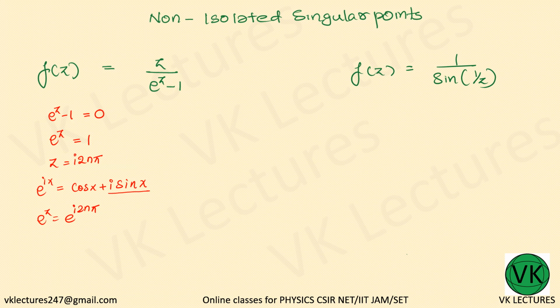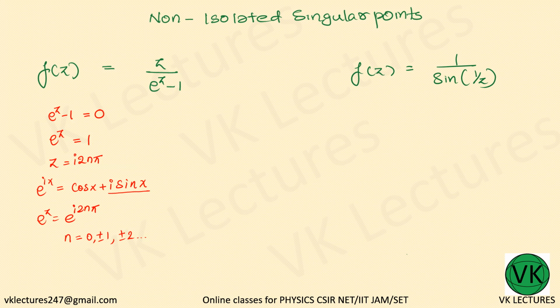What are the values of n? n can be equal to 0, plus or minus 1, plus or minus 2, etc. So for many values of z, you get e to the power z minus 1 equal to 0. So they have a larger number of singular points, so they are called non-isolated singular points.